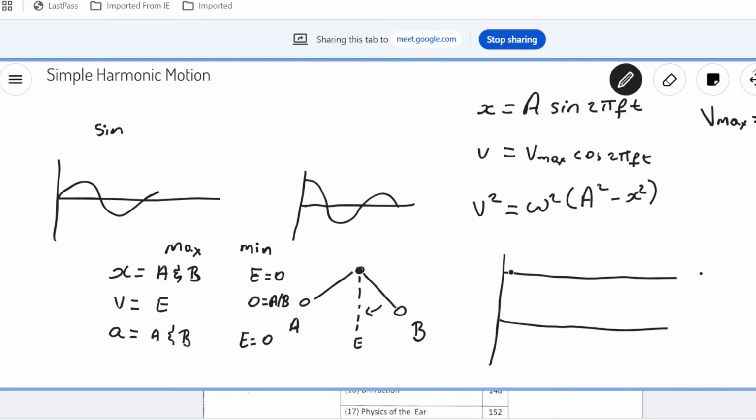You're doing three different graphs, but if you start at zero for displacement, for example, so yes, when displacement is at its max, acceleration is at its max as well.